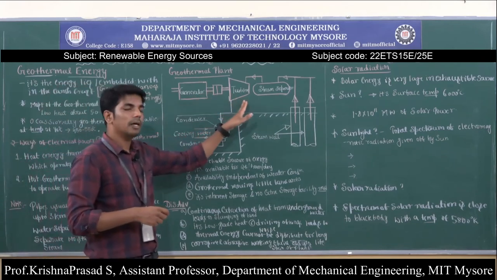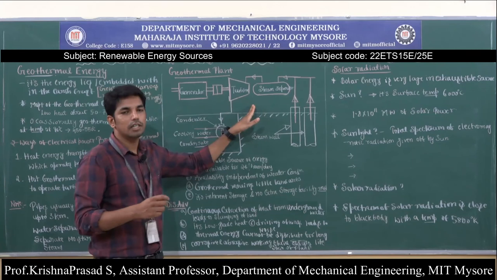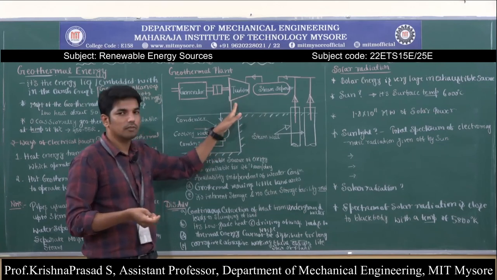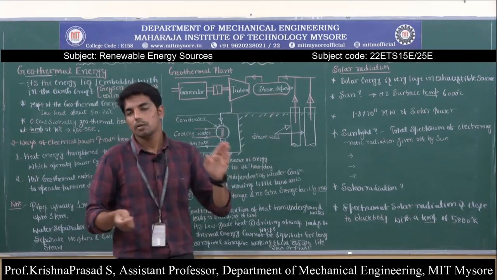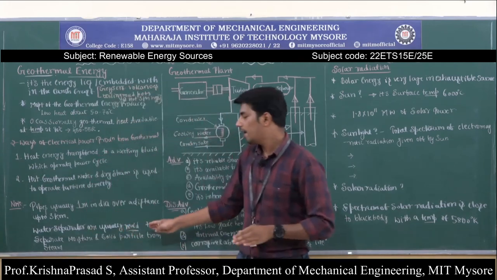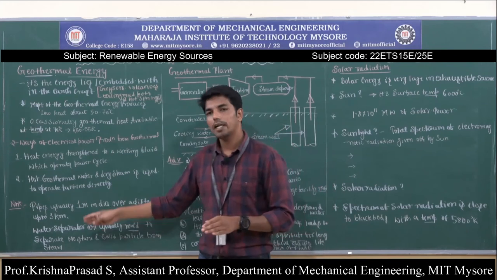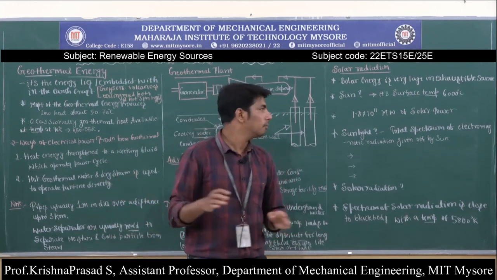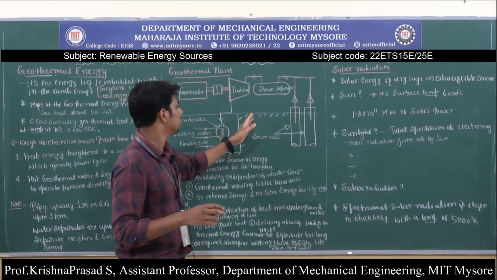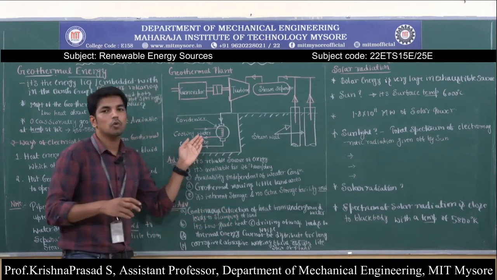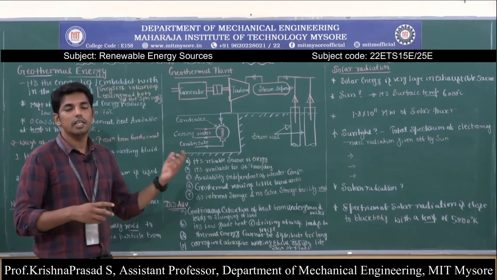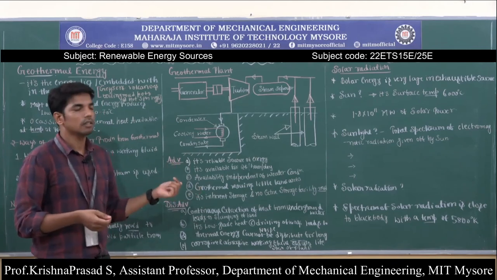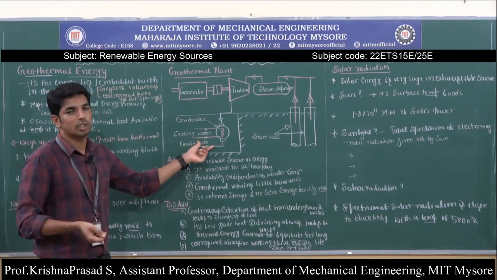Then the turbine, which is used to convert the heat energy of the steam into mechanical energy in the form of rotation of the shaft. Then the steam separator, mainly used to eliminate the moisture and sand particles present in the steam. Next, a very important one is the cooling tower, which is mainly used to convert the steam into liquid by the condensation process.